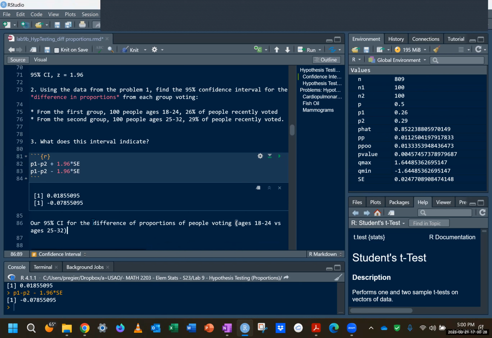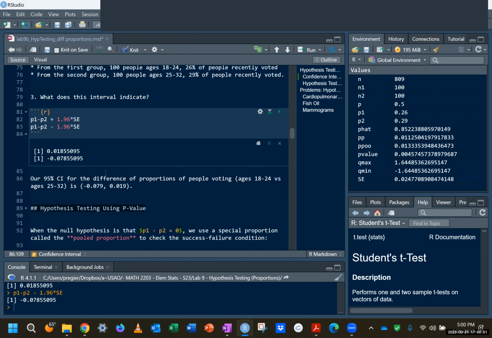Okay, so we've got to put this in context. We've got two different groups of people voting. Is there a difference? Here's what our confidence interval says. It's negative 0.079 up to 0.019. Okay, that's our confidence interval.